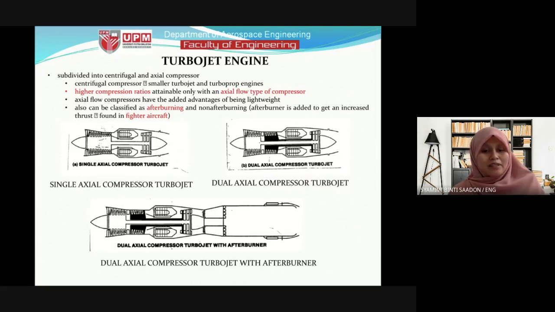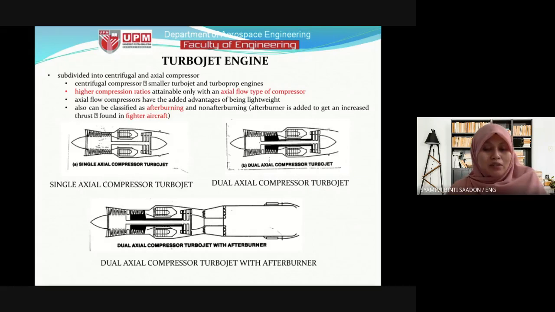The first combustion process occurs in the first combustion chamber that we know, and then before exiting the nozzle, there is another burner, like a combustion chamber, to further burn the fuel and further increase the velocity of the turbojet engine.